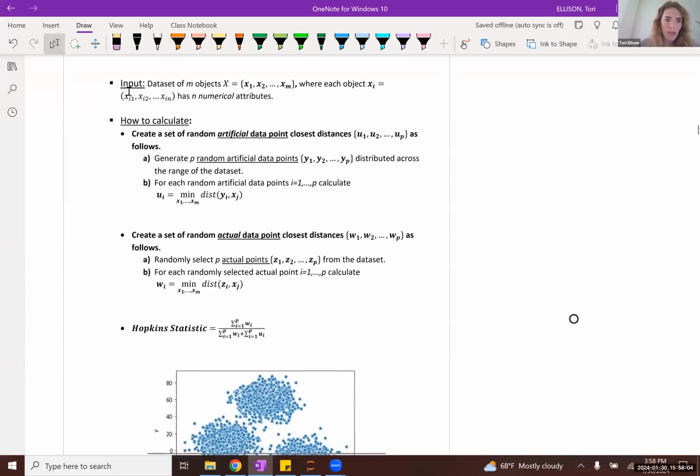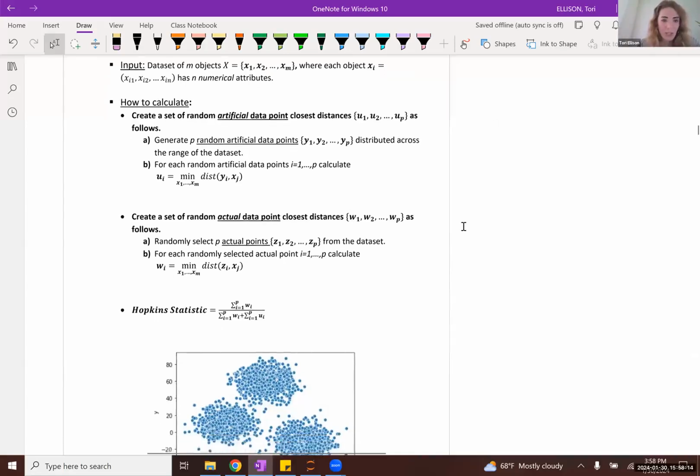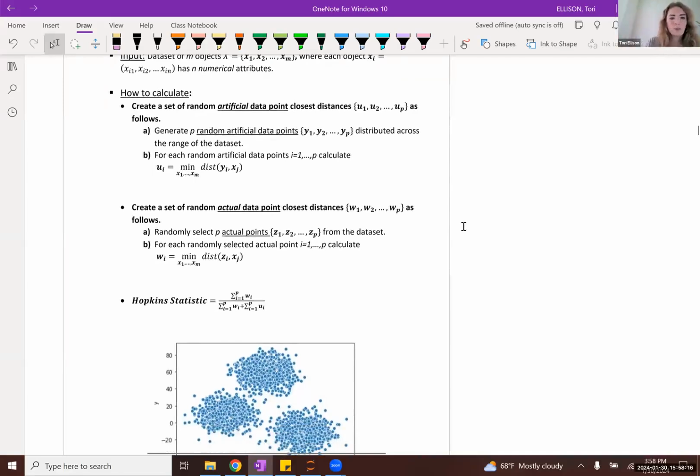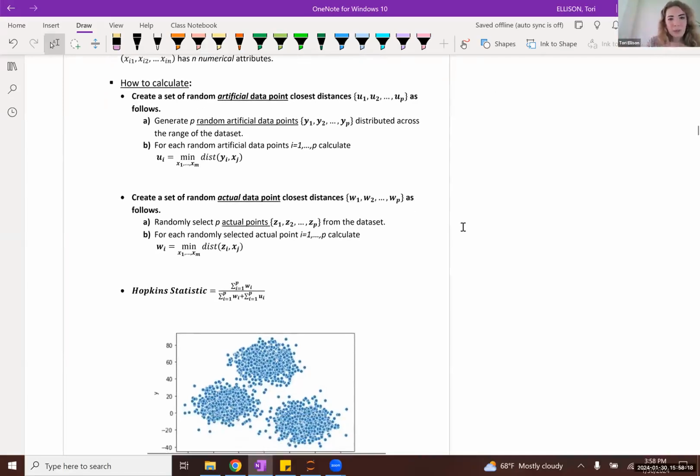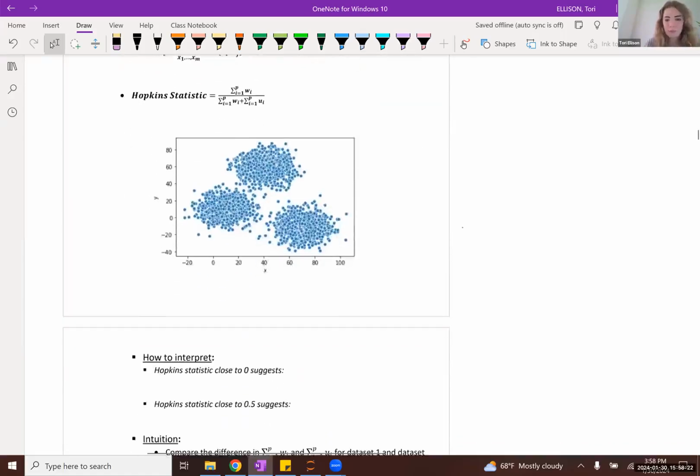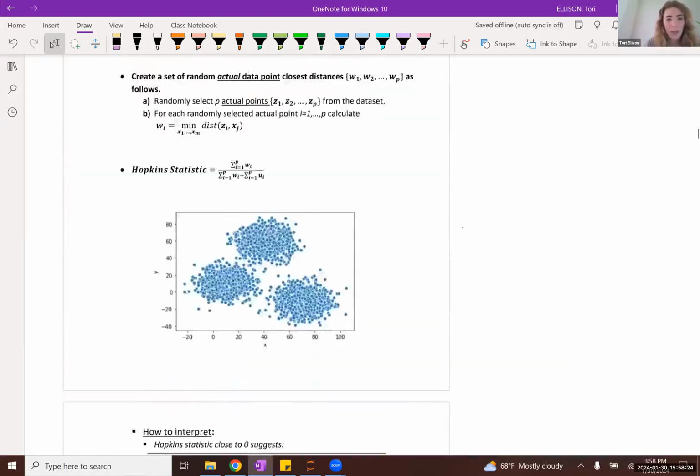So the input, again, this only really considers numerical variables. So it's basically just a numerical data set with n attributes. And so here's what you're going to do. You're going to randomly create or select two sets of points. I was using a color scheme here. Okay.